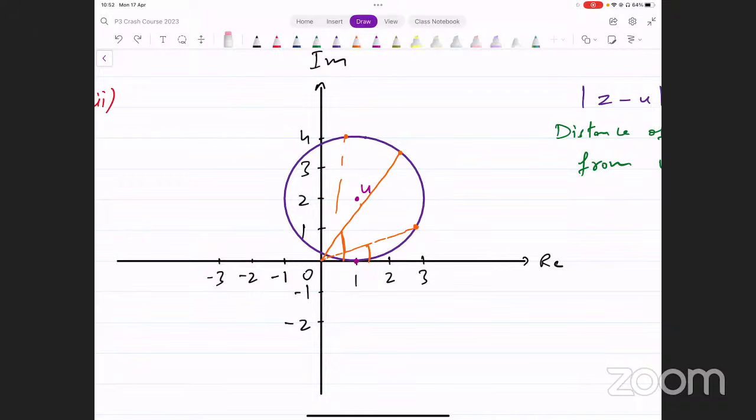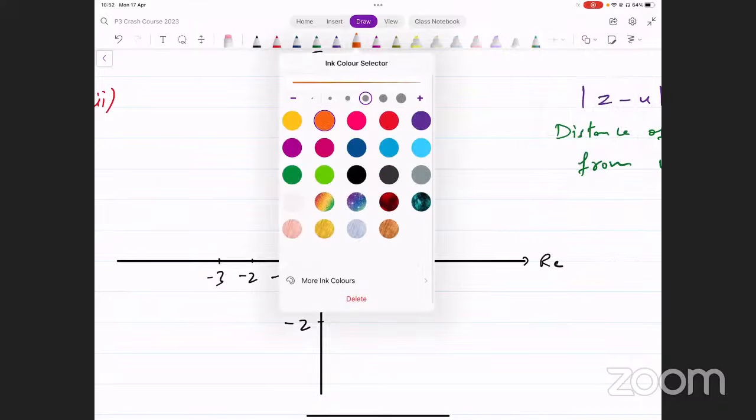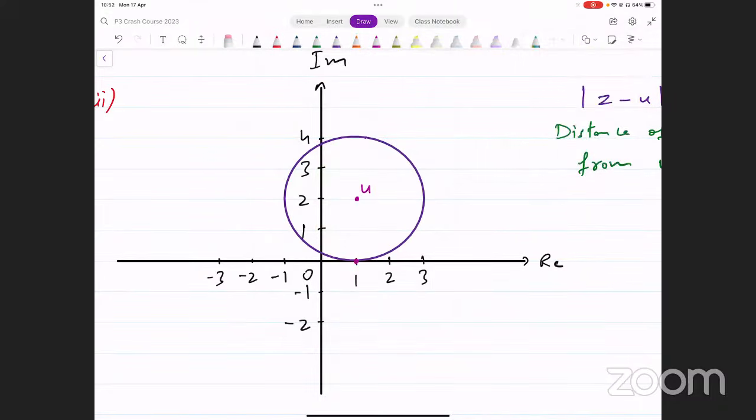Let's think about it. Let's see how we can find that greatest possible argument. So the angle has to be measured from the origin, right? So if z was here, the argument would be lower. We can keep going forward.